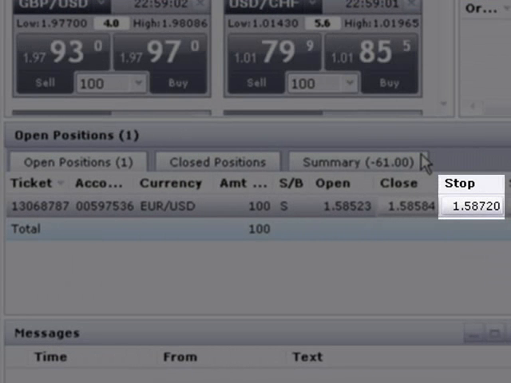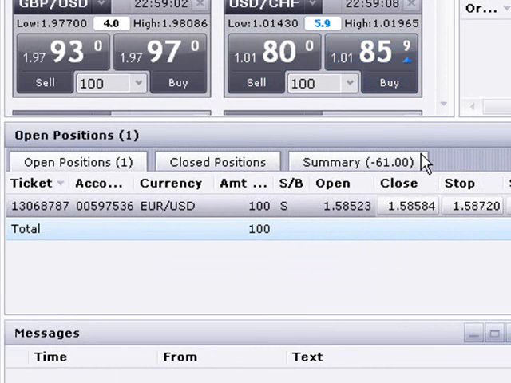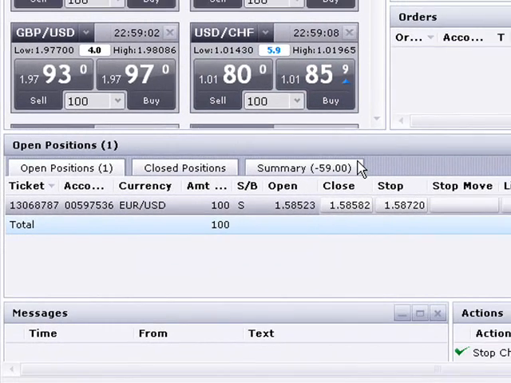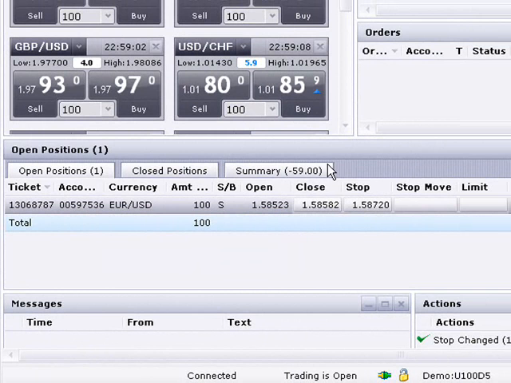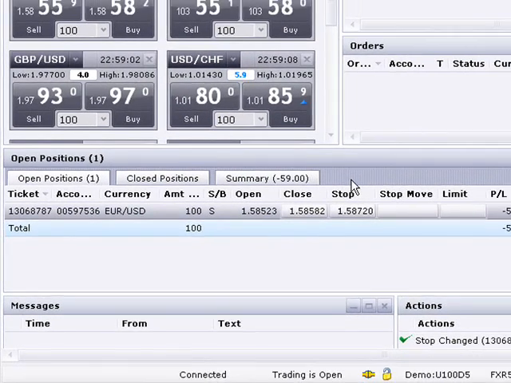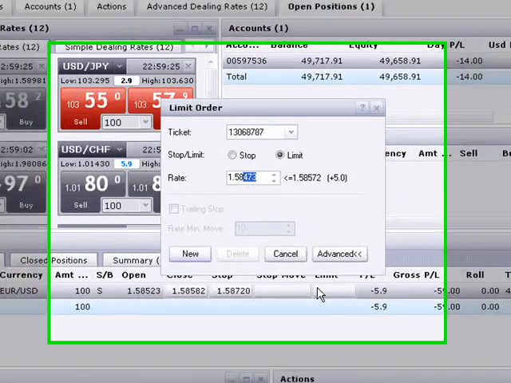So now that I've done this, you should see the new stop loss order appear in the stop column of the open positions window, where you now have an order which will close out the position should it reach that level. Next, we're going to click on the limit column of the open positions window, which is going to bring up the limit order or take profit window.